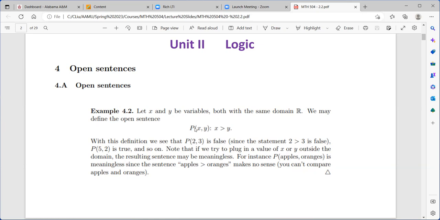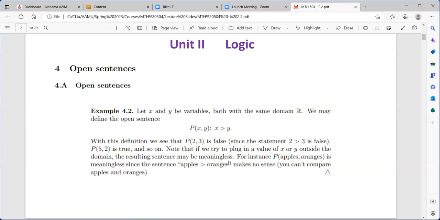All right. So one thing is you have to plug in the numbers or values of x and y from the domain of x and y, or real numbers in this case, but you cannot plug in any other things. Okay, that's obvious.